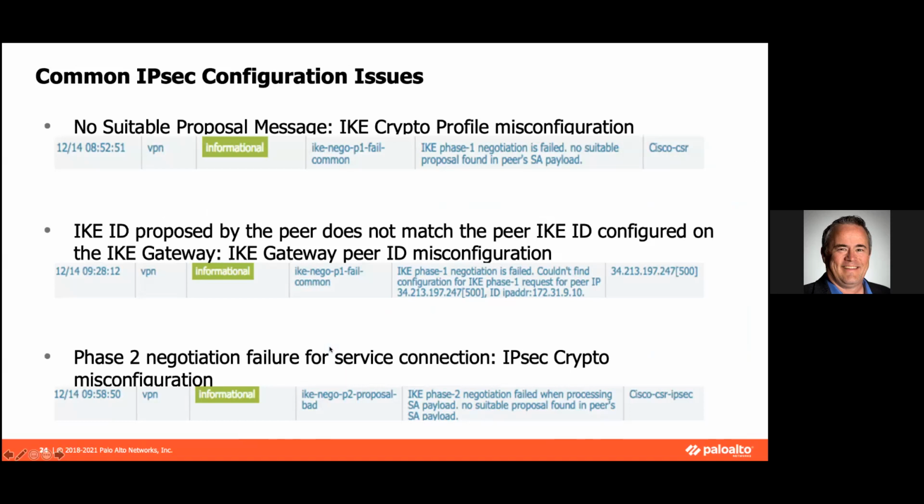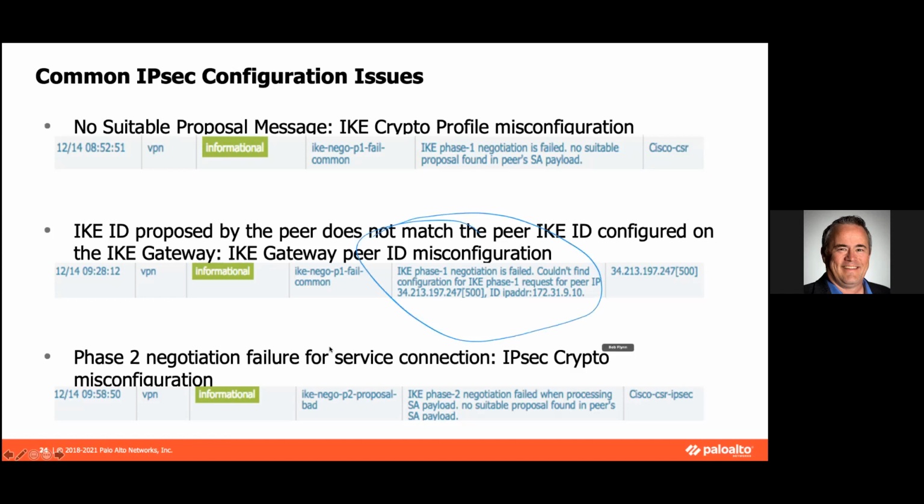Here we see one says, IKE phase 1 negotiation failed, no suitable proposal found in peers security association payload. Well, that means, that's SA, that's security association. That automatically tells you it's your crypto profile. So they couldn't negotiate or couldn't find what they needed in the crypto profile. And you can always customize these if you're using our pre-configured ones or create them from scratch.